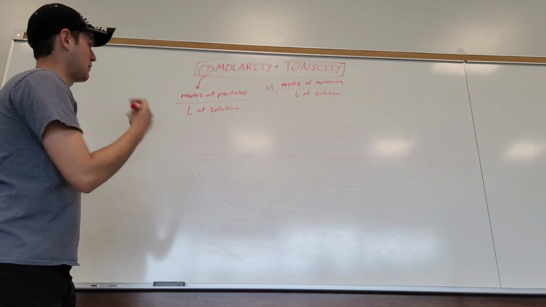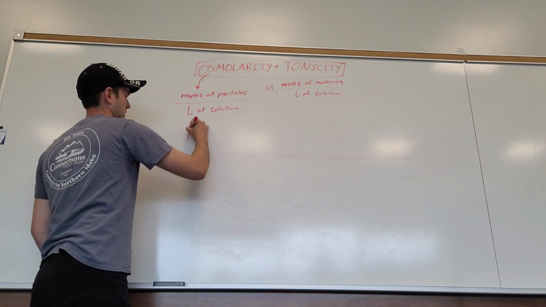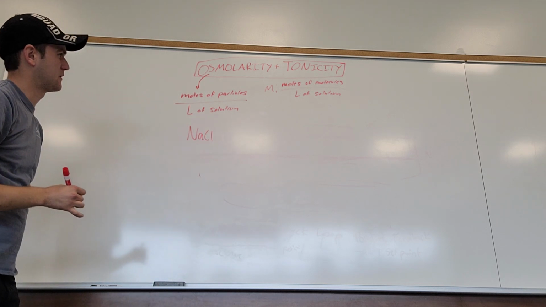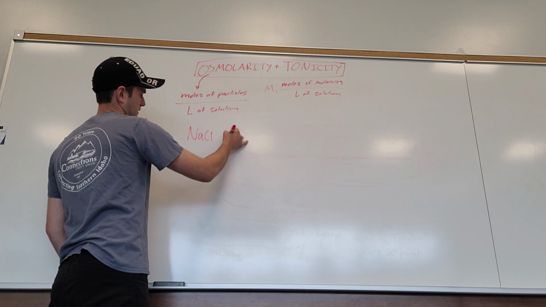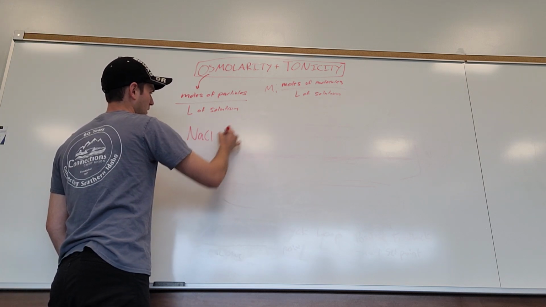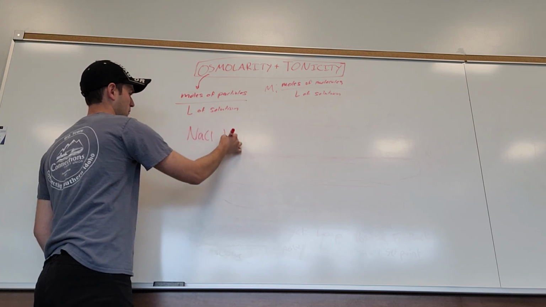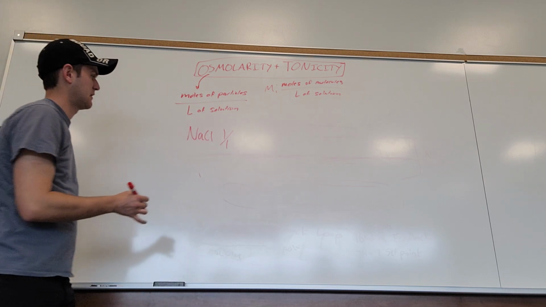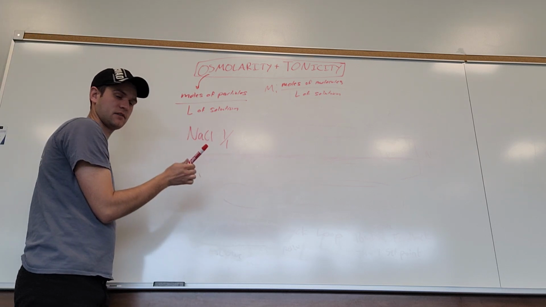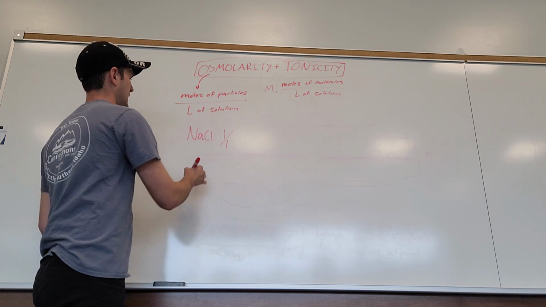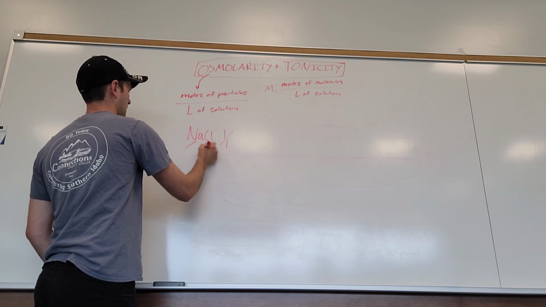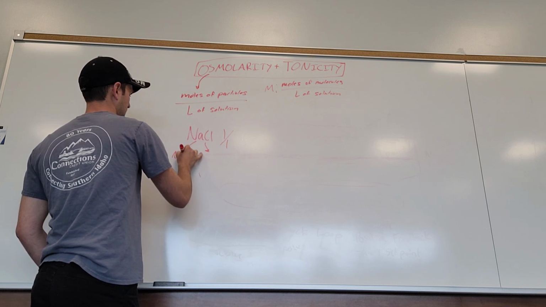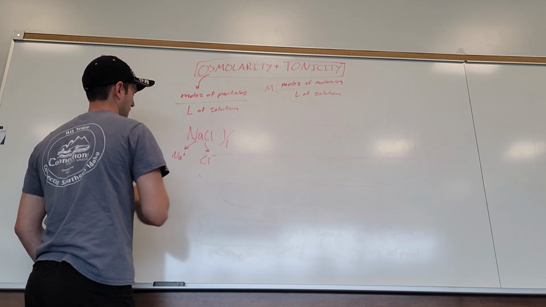Well, let's say we have a molecule such as sodium chloride. Say our molarity is going to be, I don't know if this is right, 1 mole of sodium chloride per 1 liter of solution. But when sodium chloride enters the solution, it dissociates and separates into 2 different ions, our sodium ion and our chloride ion.